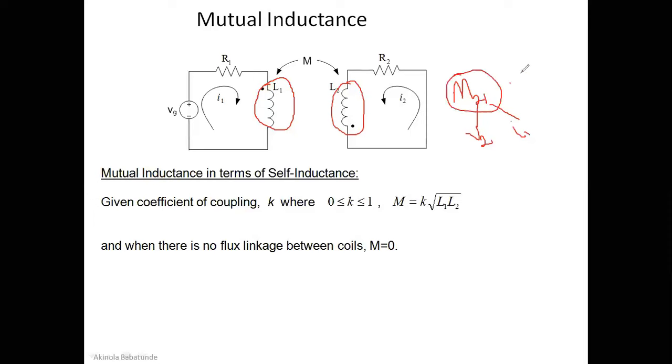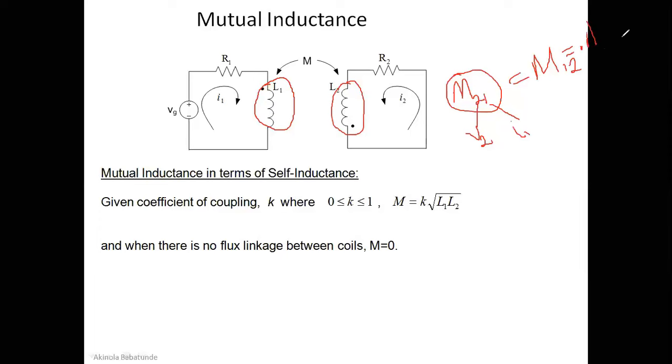And then we're also going to have M12. M12 will be the mutual inductance that relates voltage in coil 1 to the current flowing in coil 2. Both of them are supposed to be equal, so we can represent them with just one single M and say M21 equals M12 equals M.